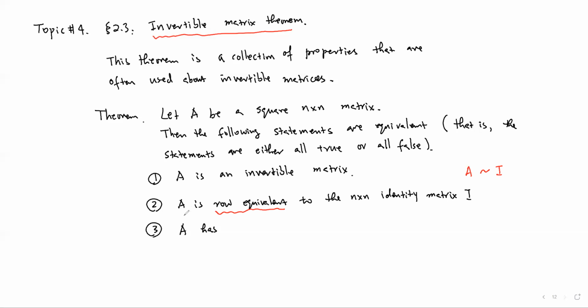Because A is square and the size is n by n, A has n pivot positions.